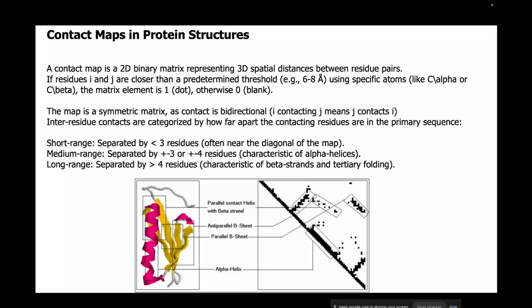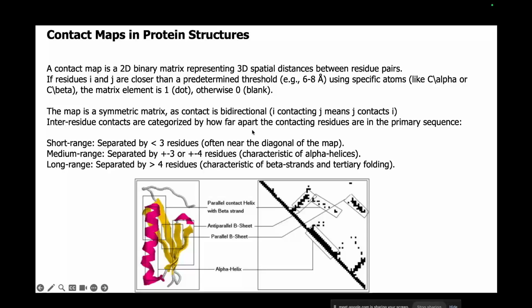Now we come to another important concept, which is basically contact maps, right? So a contact map is a 2D matrix. Again, this is very similar to, if you remember, dot plots when we were discussing sequence similarities. So the idea is similar, that if you have a certain similarity or a certain proximity, you put that as a dot. If that condition is not fulfilled, you do not put anything there.